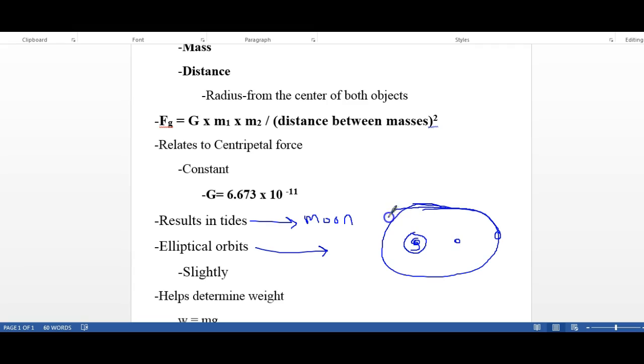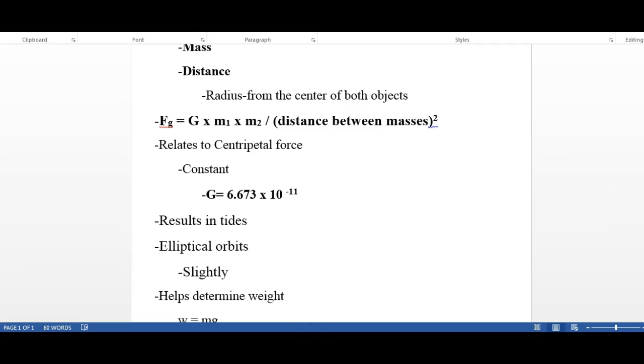So the star is at one focus, and the planet is at another. Now I'm really exaggerating this. It's just barely an ellipse, but it is an ellipse. It's not a perfect circle. So all the planets go around the star in an ellipse. When we look at Kepler, we'll look at that in much more detail, but keep that in mind. So gravity causes the orbits the planets have, and they're ellipses.